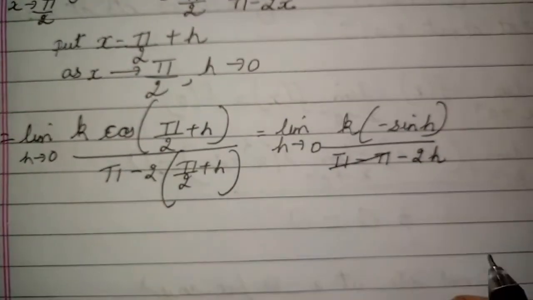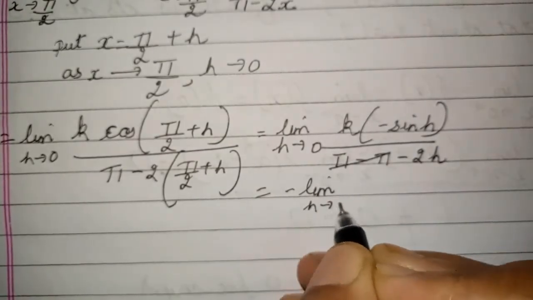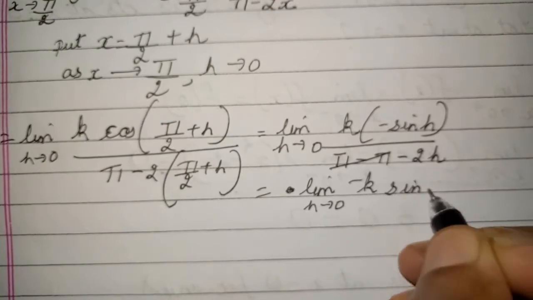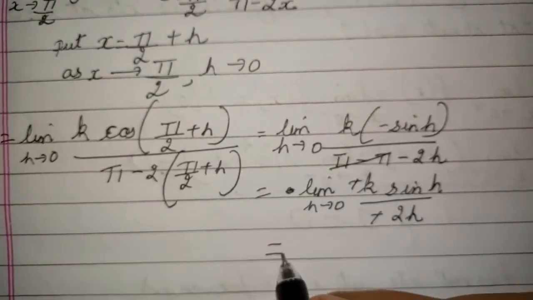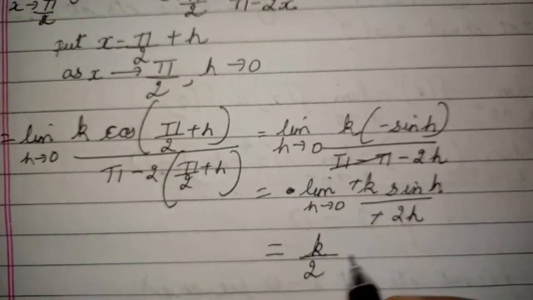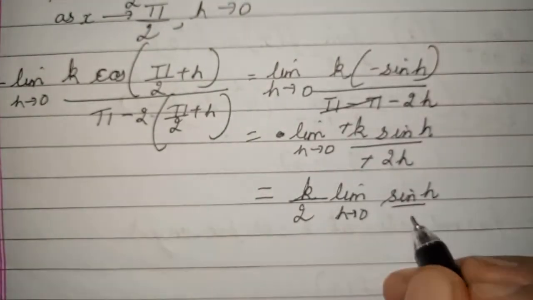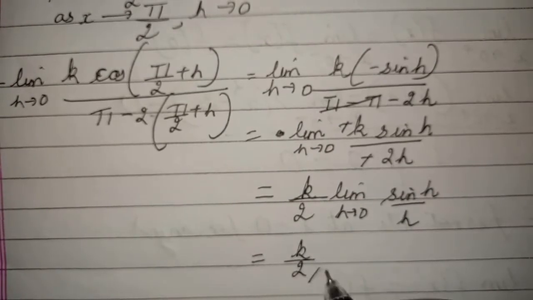Pi minus pi will get cancelled. So this is the limit as h tends to 0 of minus k sin h upon minus 2h. Minus will get cancelled. So this will be k by 2 times the limit as h tends to 0, because k has nothing to do with h, of sin h upon h. So this is by definition 1. So this is equal to k by 2.